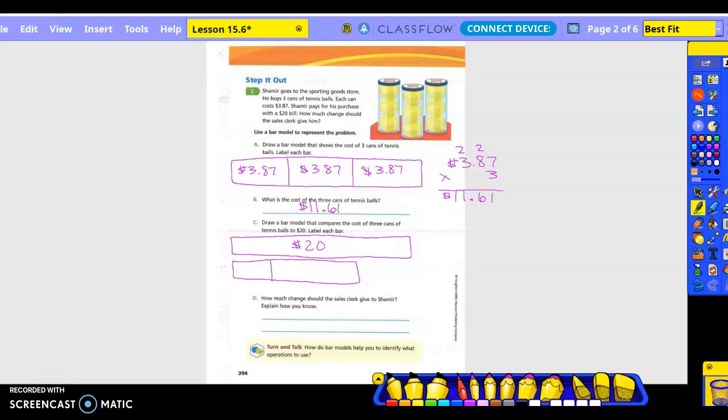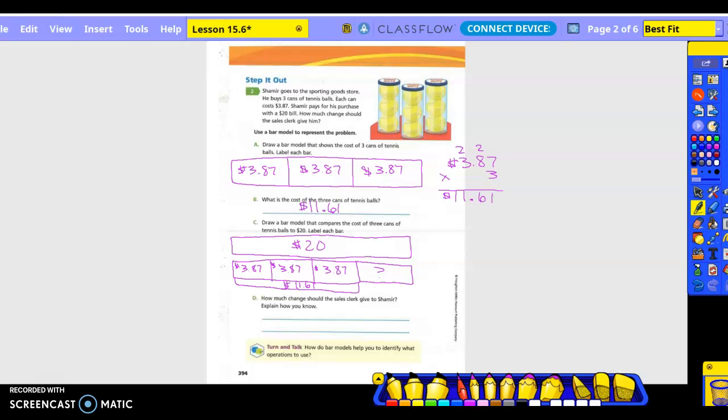I'm going to break it into 3 sections for the $3.87, right? And then of course our total was $11.61, right? And then we're trying to find this difference, right?